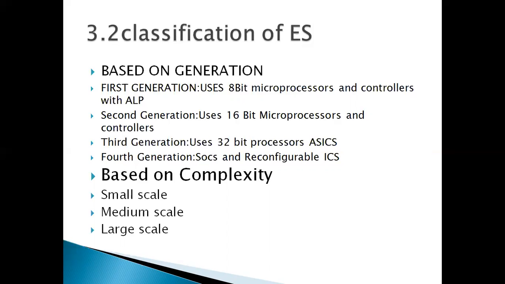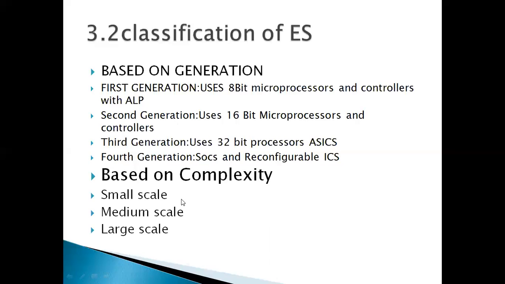The advancement in processor and microcontroller technology has led to these different generations. As the generation increased, the memory capacity, the processor used, the interfaces and IO devices used also advanced and resulted in different generations.